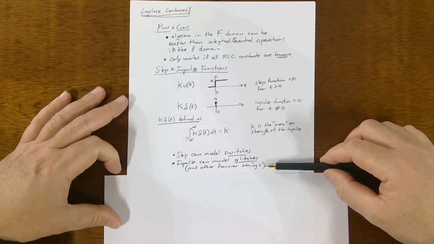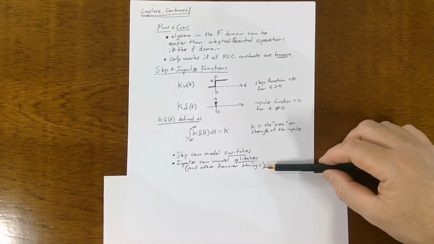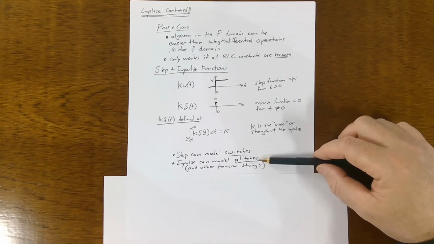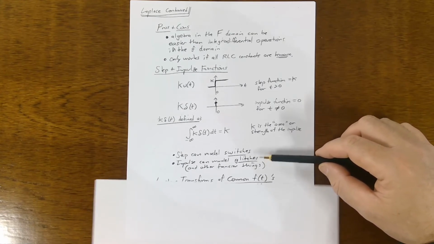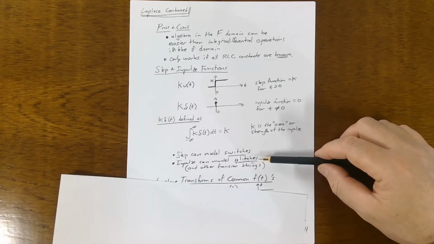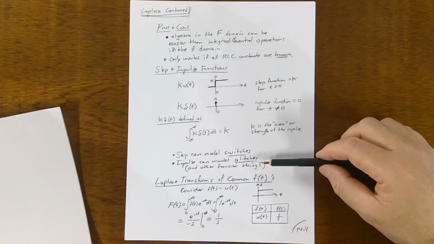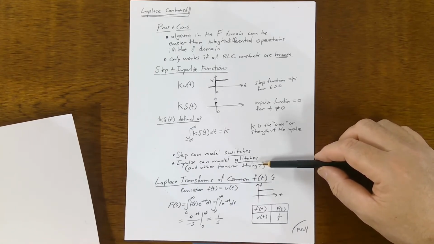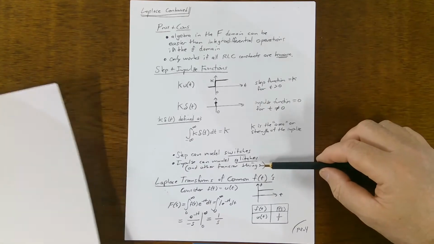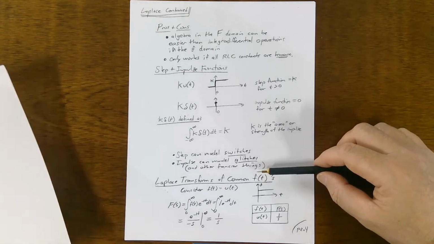And it can be used for fancier things than that, but switches and glitches are two of the easiest things to understand. All right, what we're going to do here, well, let's get into some Laplace transform.